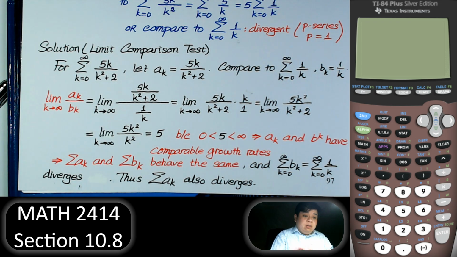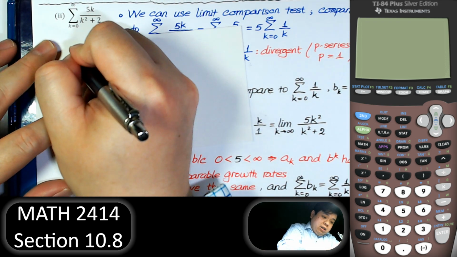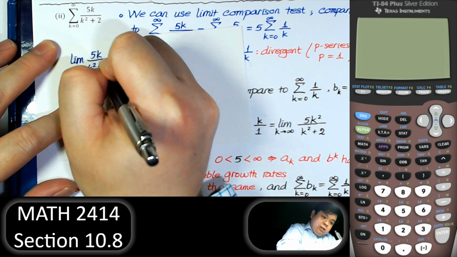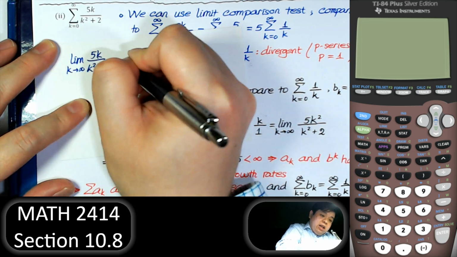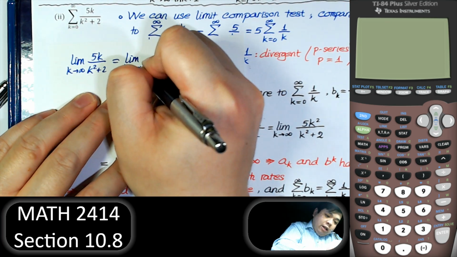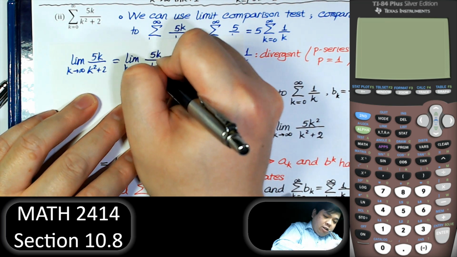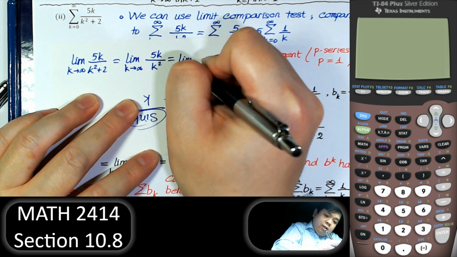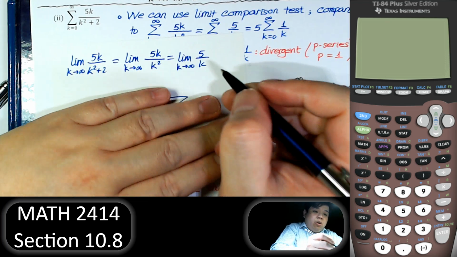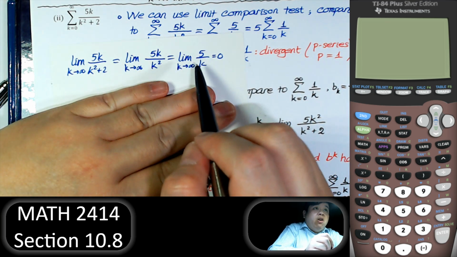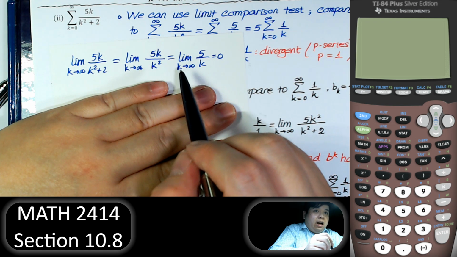Right. Now, if we look at this in terms of the limit, the divergent test, if we just find the limit, I don't have enough space here, but if we take the limit of that term, the limit equals the highest term on the top over the highest term on the bottom, this is just the limit of 5 over k. And that is equal to 0, which means the divergent test is inconclusive.